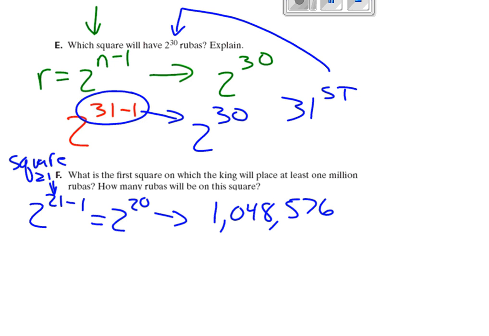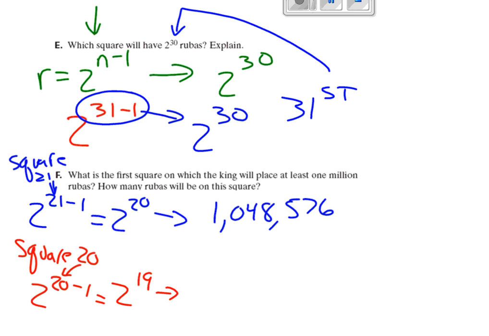Now, on square 20, that would be 2 to the 20 minus 1, because that's where the 20 goes in for that n. Well, what exponent do we create from that? That's 2 to the 19th power.